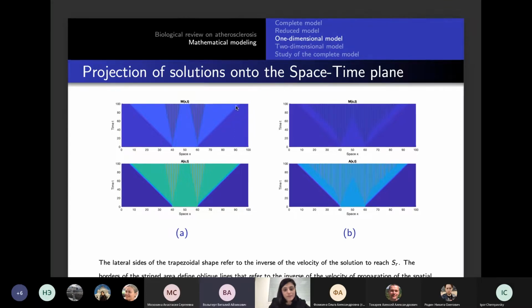Spatial structures emerge slowly. It takes more time before the structures emerge from this inflammatory state. This is why there is some distance between the first front and the second front.